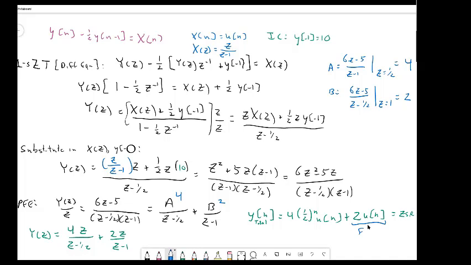So there's our forced response. And the pole, the z minus 1/2 that created this 1/2 to the n u[n], came from the left side of the equation. The Y side came from the characteristic equation. And so that then must be the natural response.